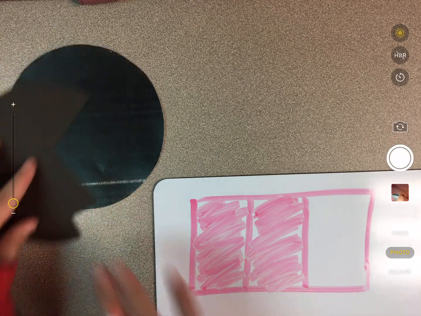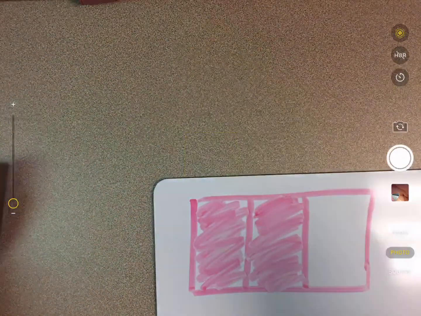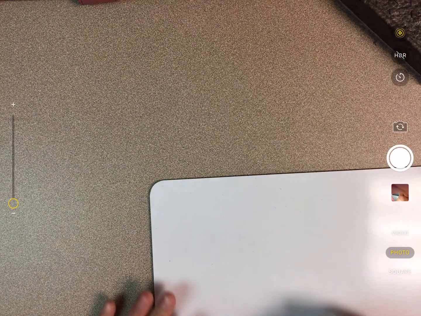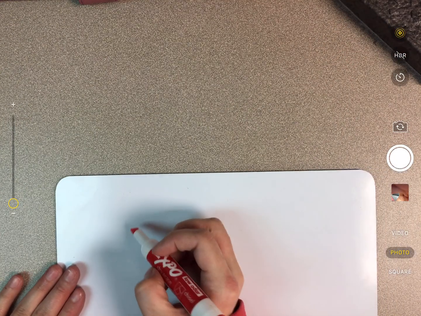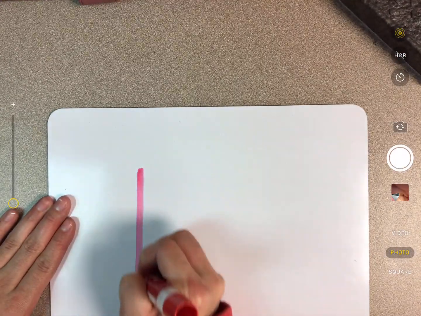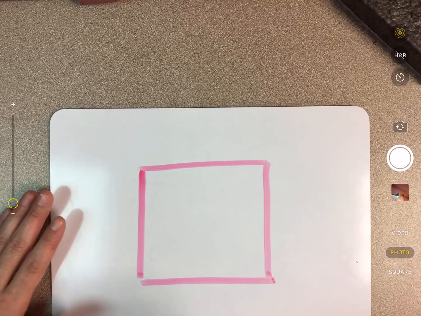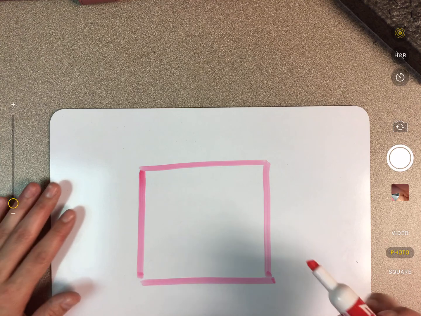All right, good job. I'm going to take these away, erase my board, and I'm going to draw a picture of a square. And I'm going to divide it into 4 equal parts.